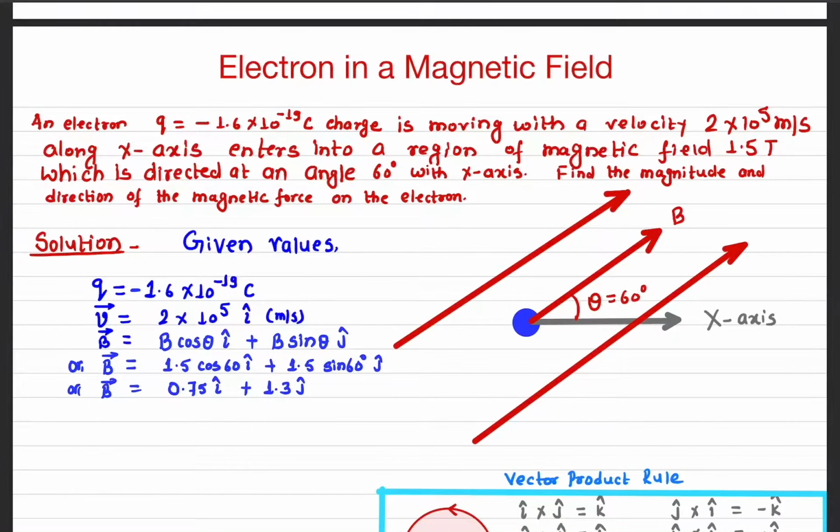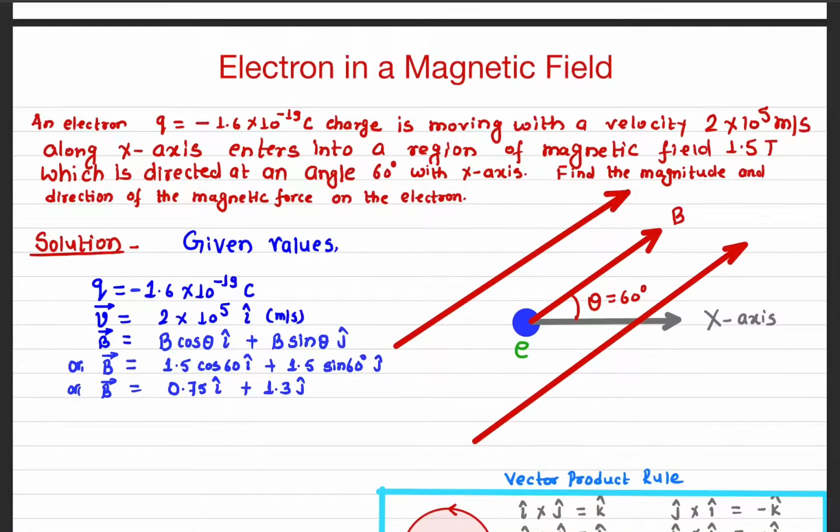So this is an electron here, moving along the x-axis, and the magnetic field is acting at an angle of 60 degrees. The magnetic field is applied at a 60 degree angle with respect to the x-axis.